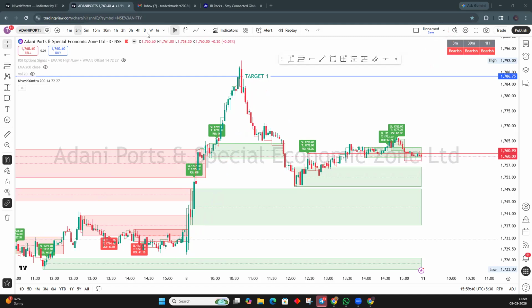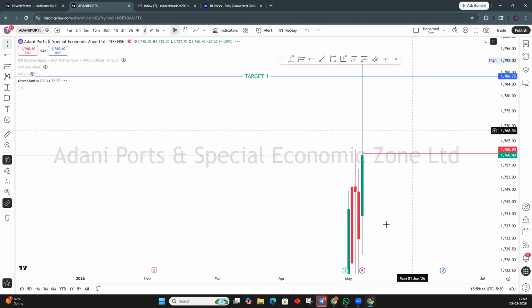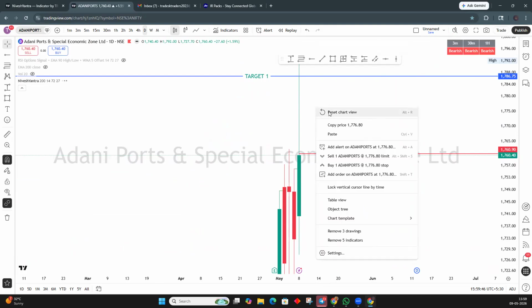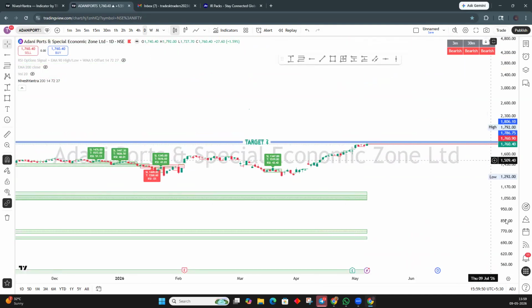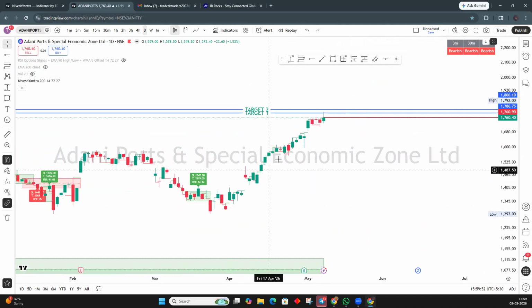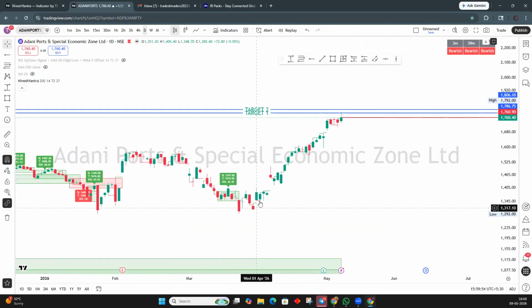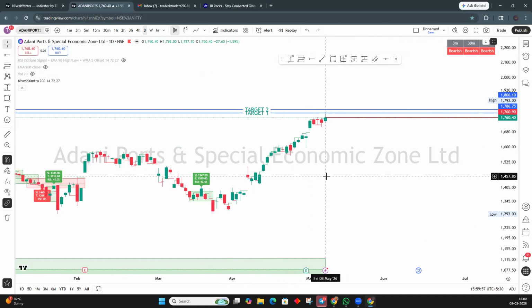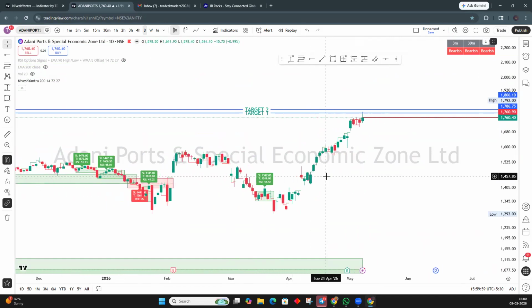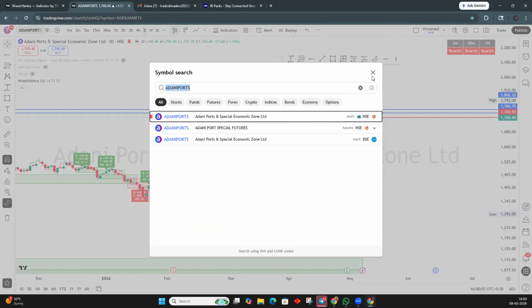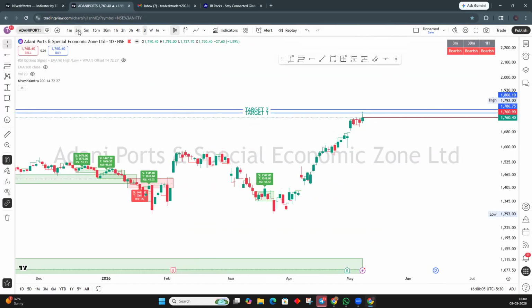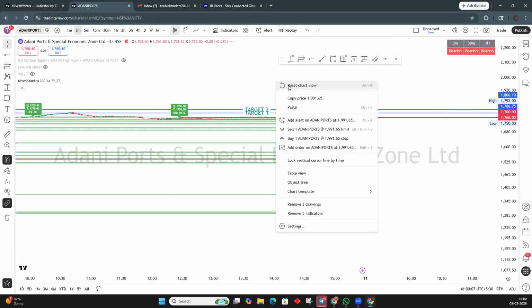But suppose Adani Ports has closed in green, so our next day bias will be buy on dip only. You should not try against the trend, because the trend was bullish. You can see the stock, the trend is bullish, so you have to think like that only. Trend is your friend and follow the trend only.